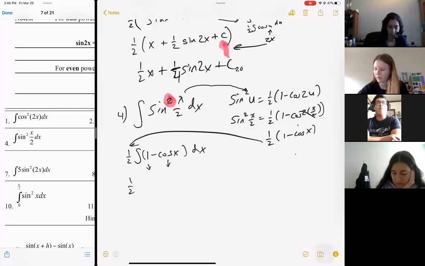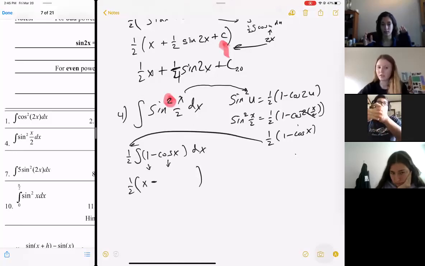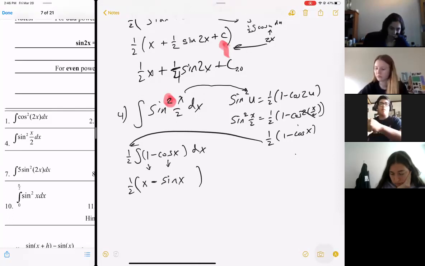So 1/2 times, the integral of 1 going backwards is just x, minus the integral of cosine, which is sine, plus c. We can write this as 1/2 x minus 1/2 sine of x plus c.